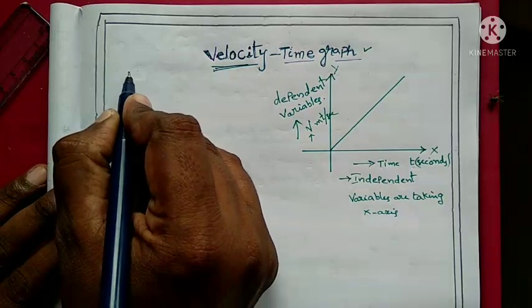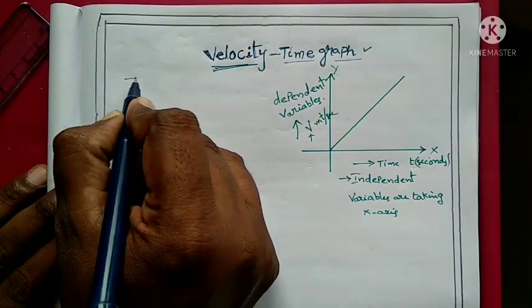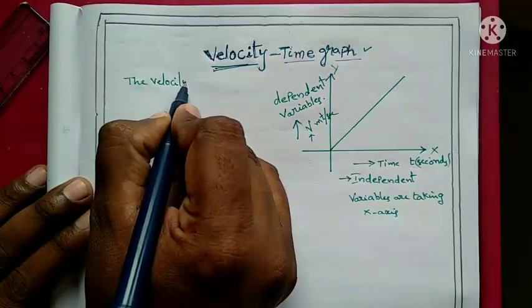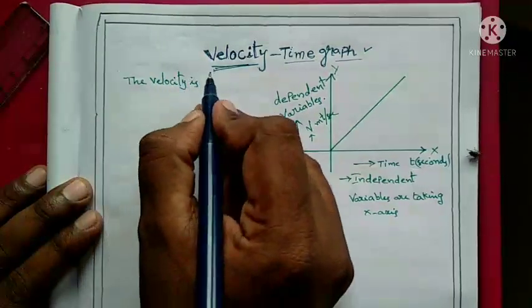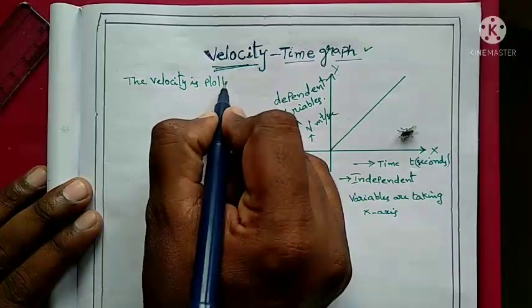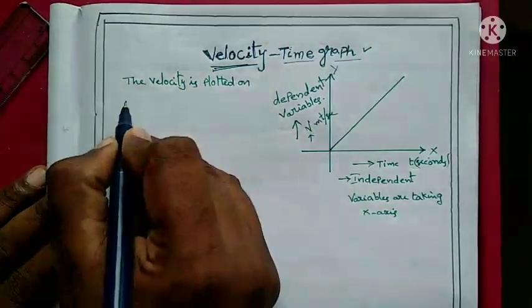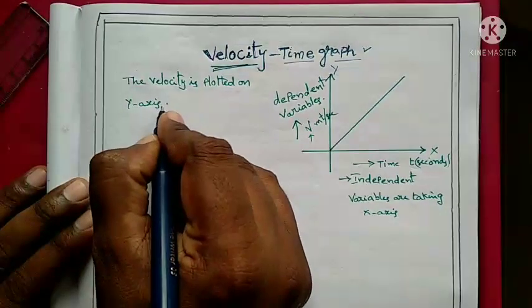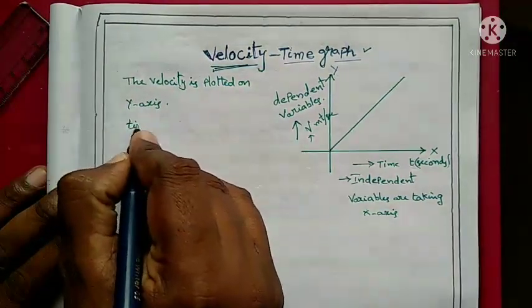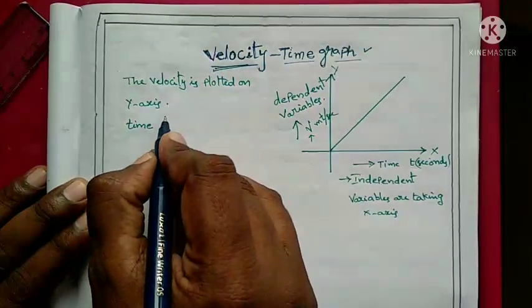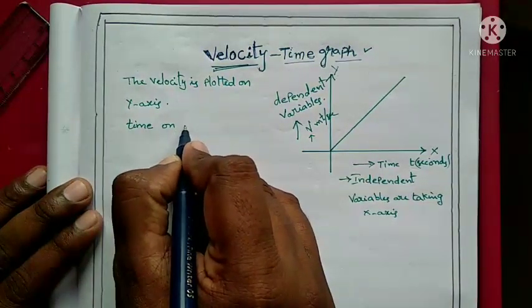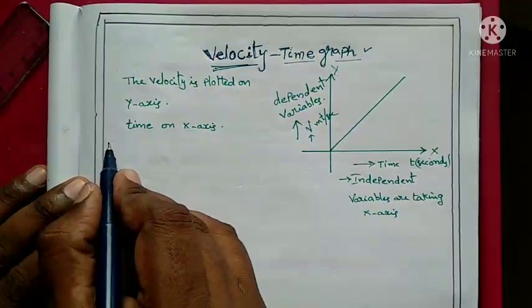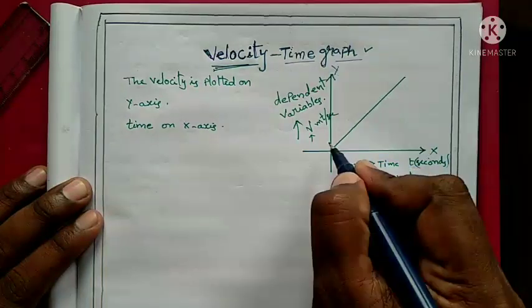The velocity is plotted on the y-axis and time on the x-axis.